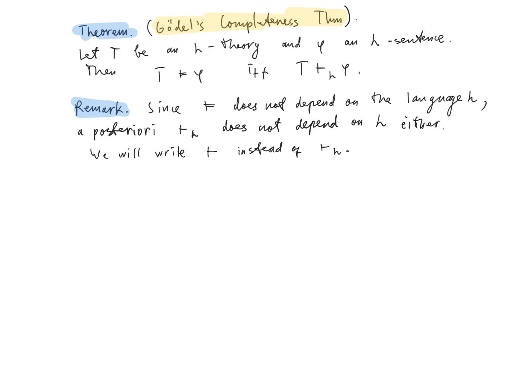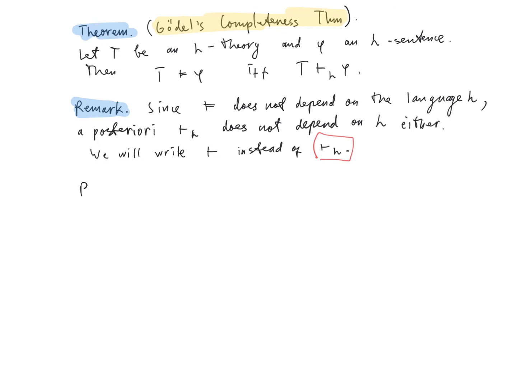But of course, in the course of the proof of Gödel's completeness theorem, we still have to stick to the notation from the original definition of formal provability, which relies on the language in which we are considering our proofs.